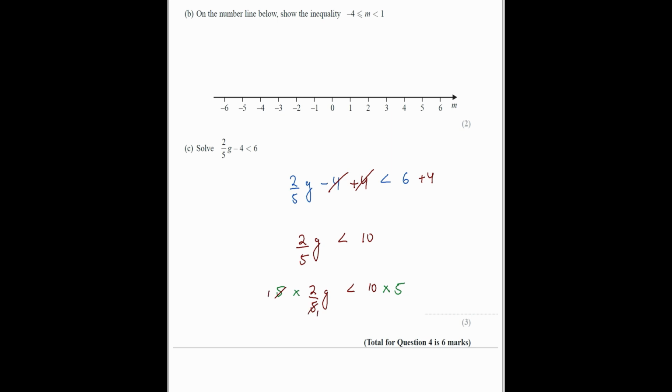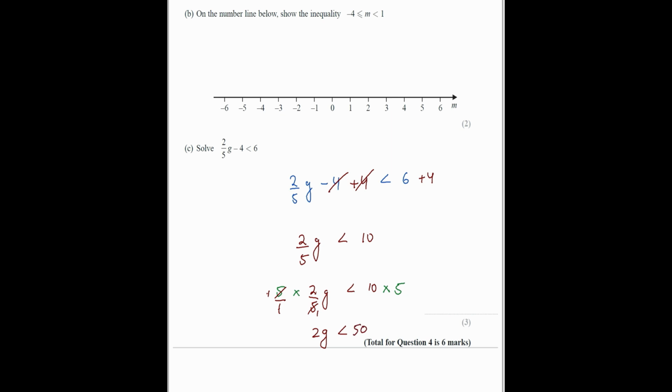And then 1 into 2 is 2g. We know that you have to multiply numerator with numerator and denominator with denominator. So in the denominator of 5, we have 1 there. So 1 times 1 will give you 1 in the denominator. Usually we do not write 1 in the denominator, and it is 2g less than 10 into 5 is 50.